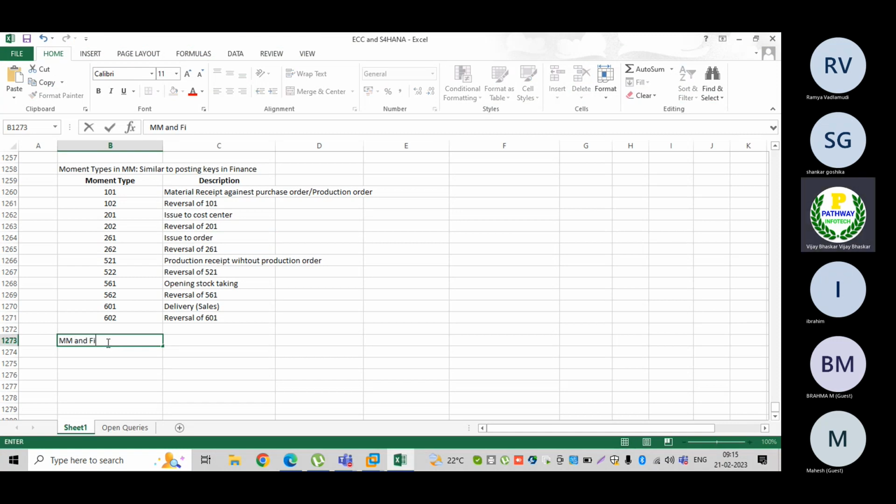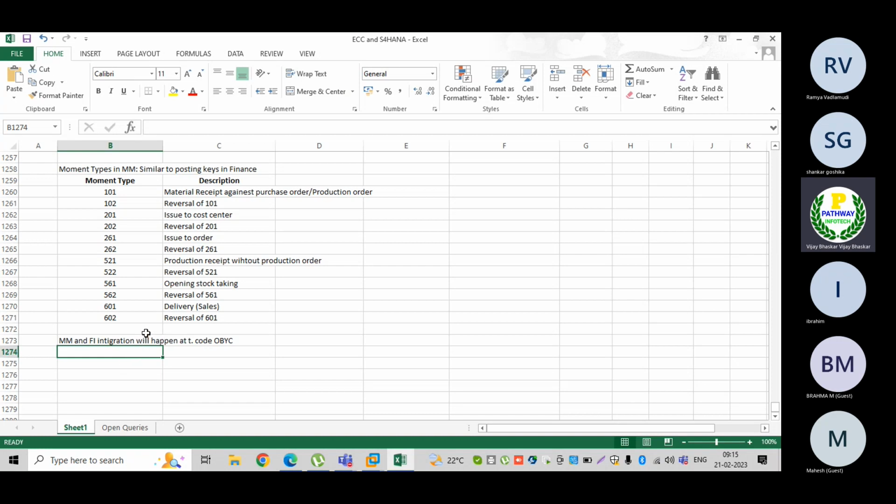MM and FI integration will happen at transaction code OBYC. Remember, this transaction code is important. 100% you need to tell this in the interview, where the integration is happening. OBYC is the transaction code.